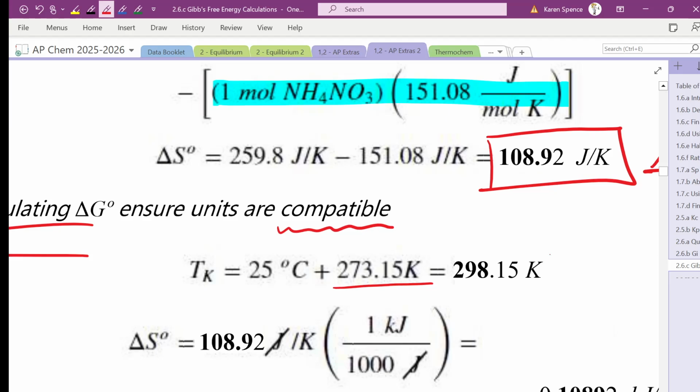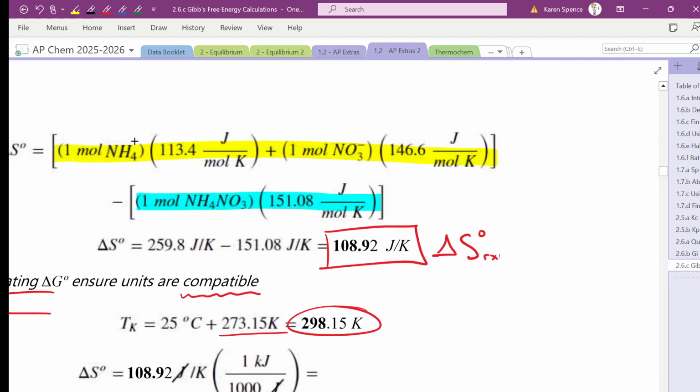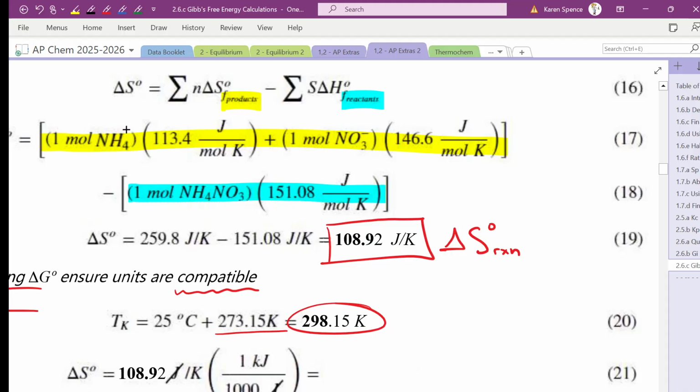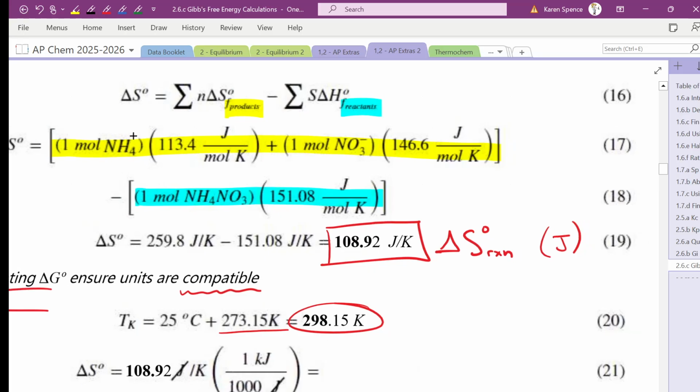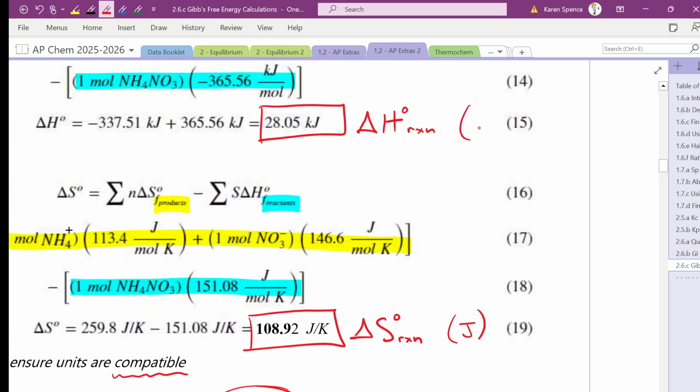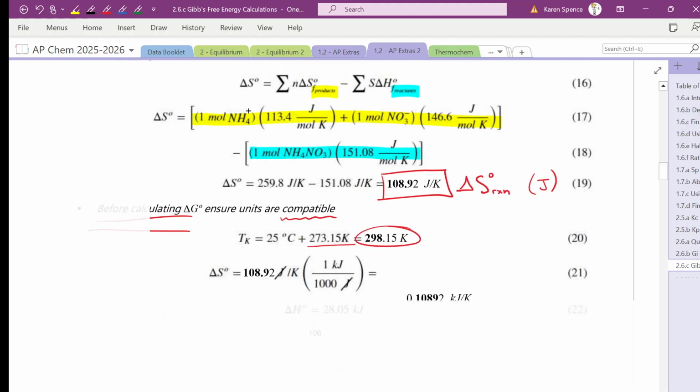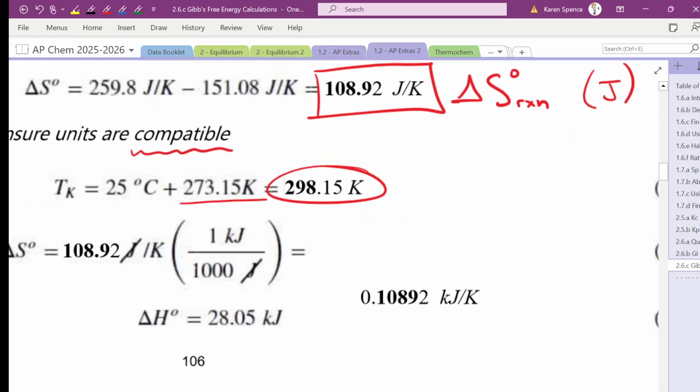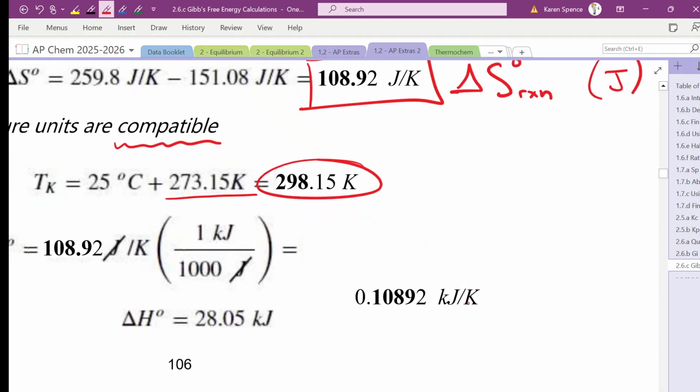All right, so now we've got it in Kelvin, and we look at our units for delta S, and this is in joules, and our delta H is in kilojoules. I would have a tendency to put everything into kilojoules because usually delta G is in kilojoules, but if you put it in joules, there's nothing wrong with that. Okay, so here I've put delta S into kilojoules, and I don't know why this is down here.